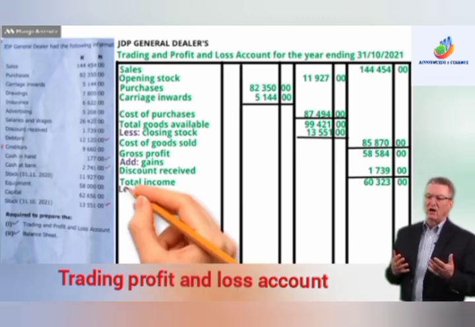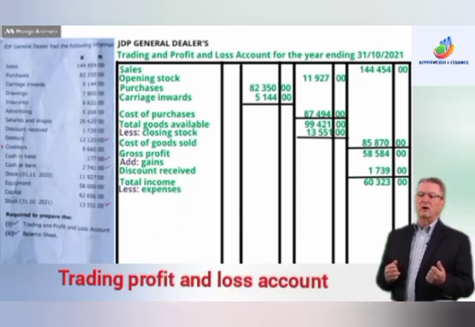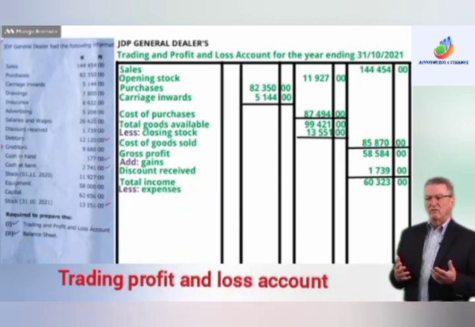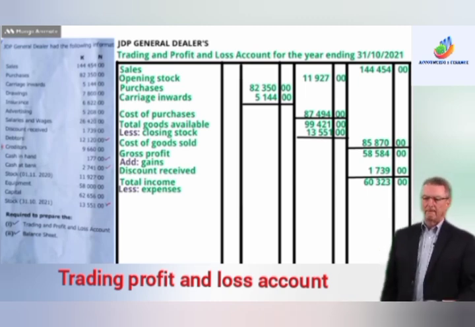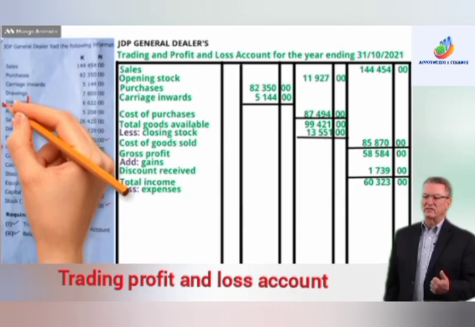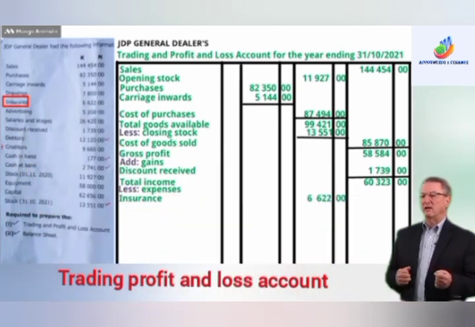Now from that income, we deduct expenses. The expenses JDP incurred are, one, insurance, which is 6,622.